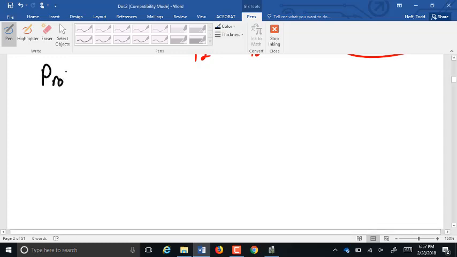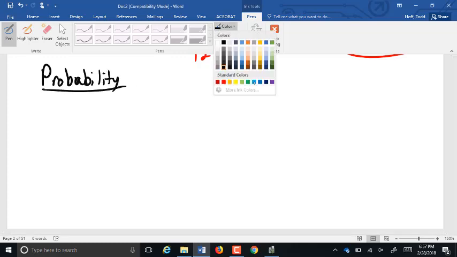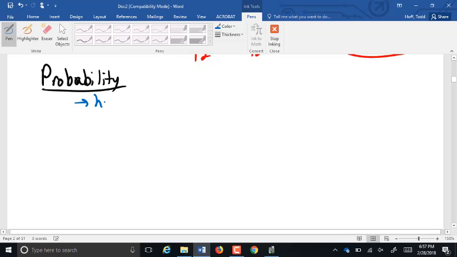So the little section of statistics we're going to cover now is probability. Probability is, quite simply put, how likely it is that something will occur.